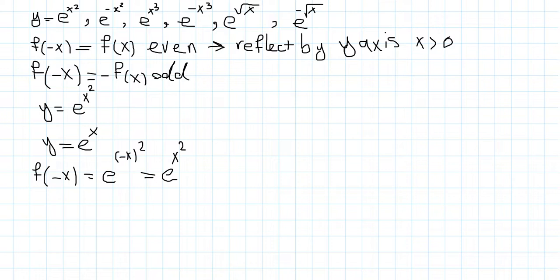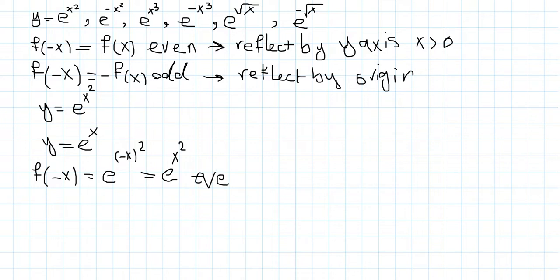And usually the odd functions are reflected with the origin, 0 and 0. Now we know it is even. Even exponents usually make functions even. So let's draw it better.